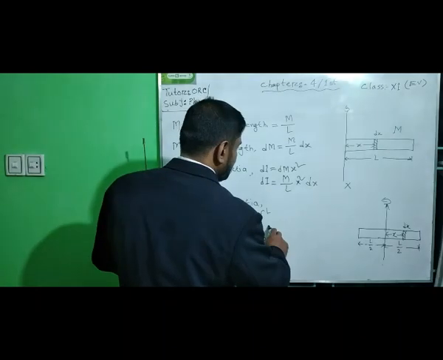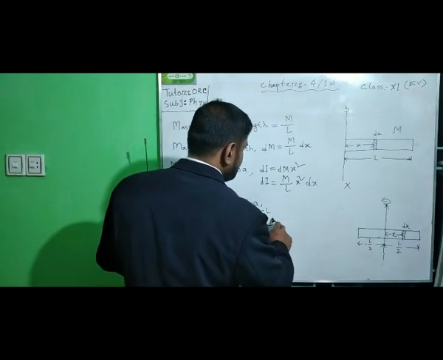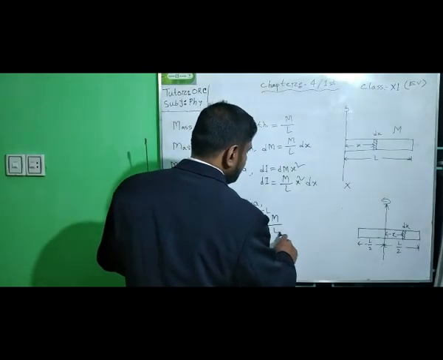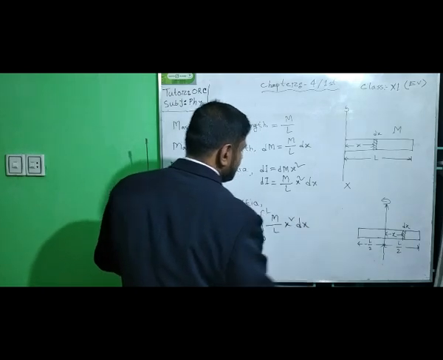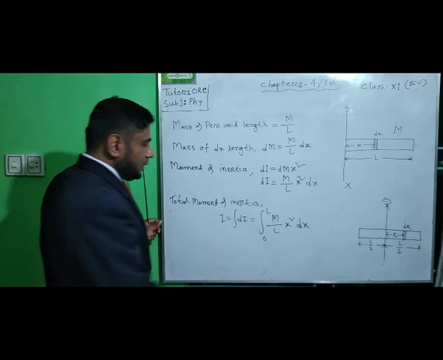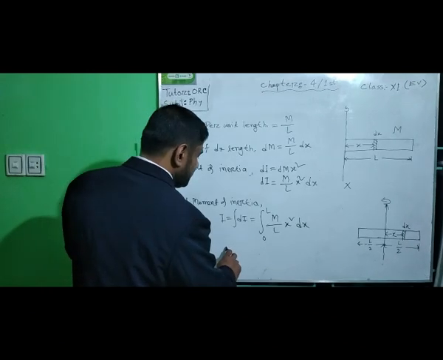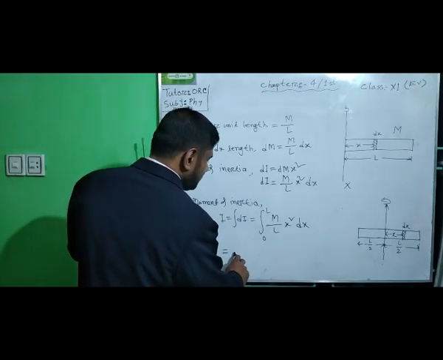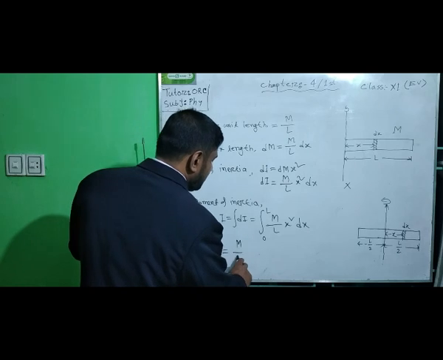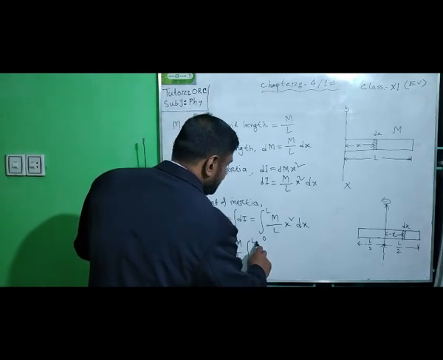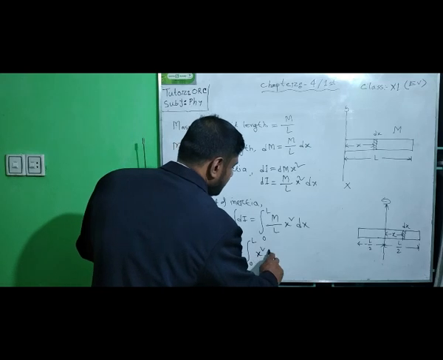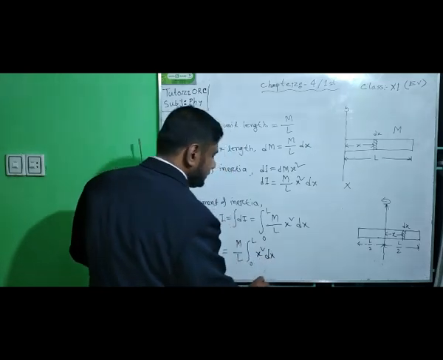So let us put the value of dI here, m by L x square into dx. So let us integrate this: m divided by L, integral 0 to L of x square dx.